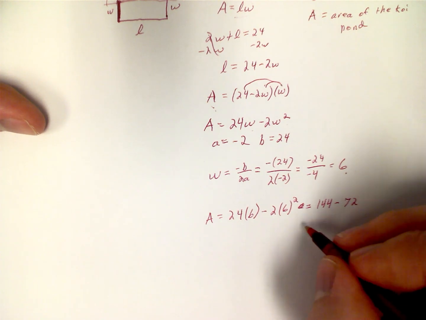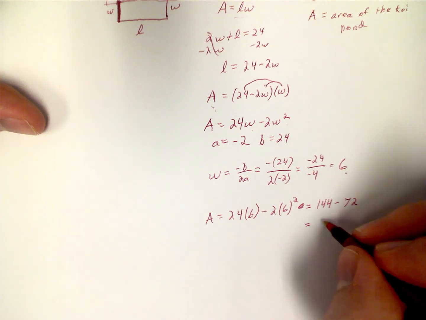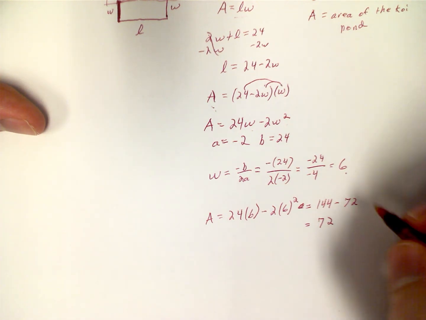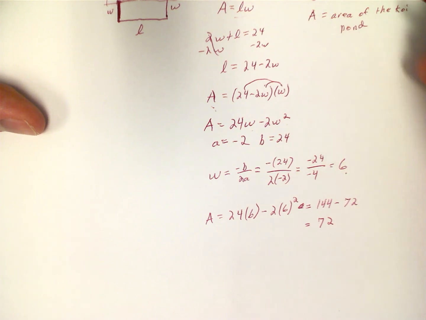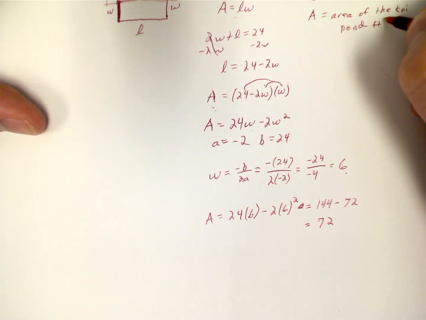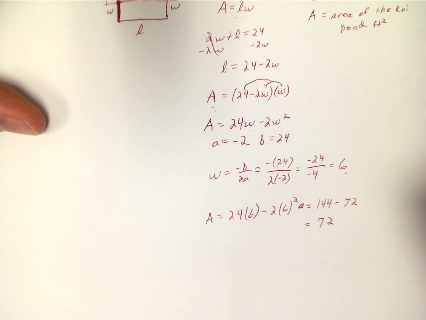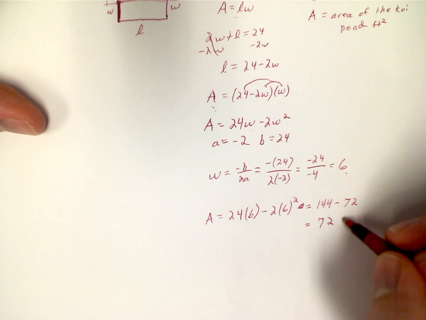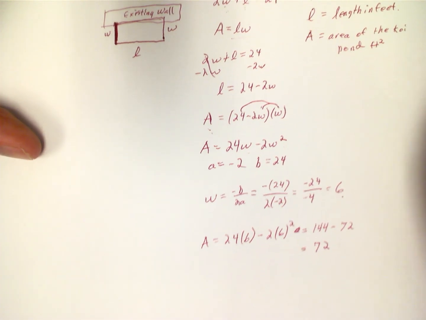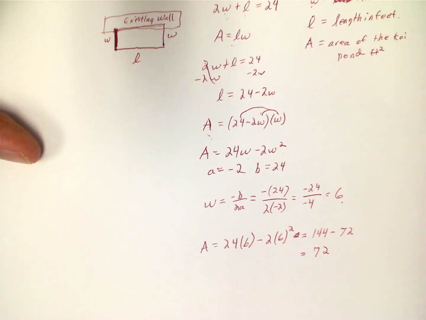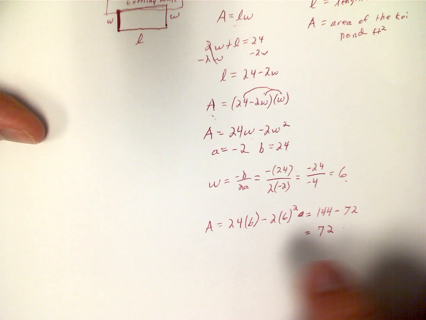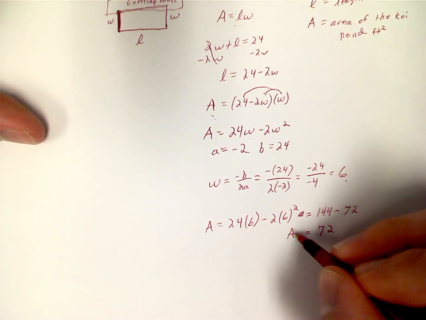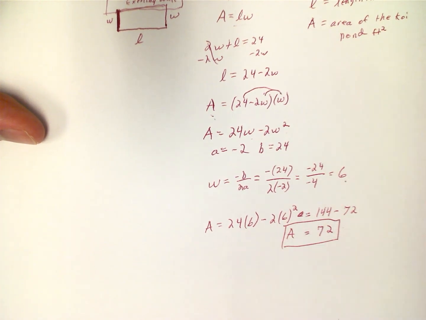So 144 minus 72 is 72. I put the area of the koi pond, and if we put areas in feet squared in the definition, we don't have to put it here. But if we didn't, we would have had to put feet squared. So I went back up there and put that in our definition. So the area is 72 feet squared.